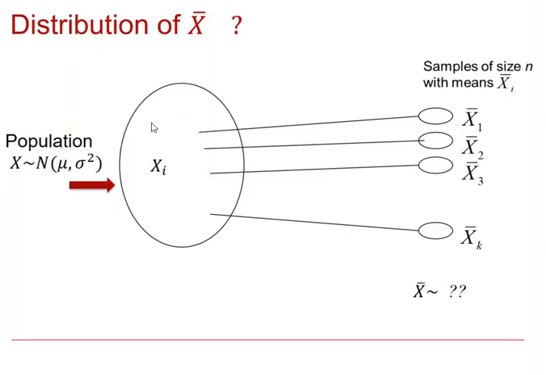From this large population we are going to take lots of different samples, so these smaller shapes represent samples of size n taken from my original population, and for each of these samples the sample mean is evaluated. And if we did that for every possible sample of size n, how would these sample means be distributed?